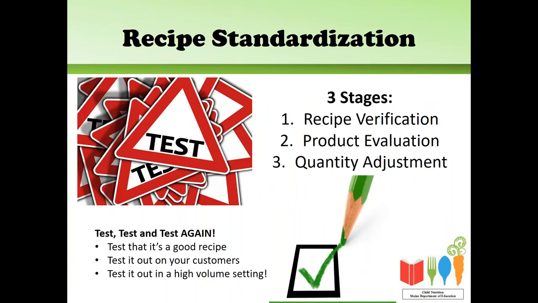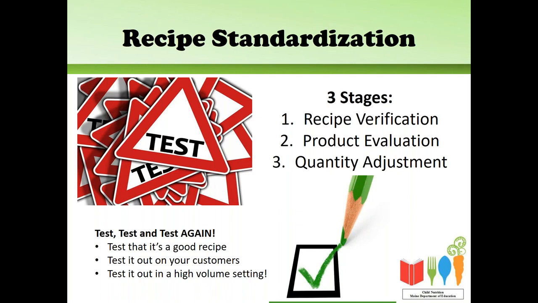There are 3 steps to recipe standardization. The first step is recipe verification. This involves reviewing the recipe for crediting, preparing it, verifying the yield, and recording any changes that need to be made. The second step is product evaluation. This focuses on determining the acceptability of the product produced.